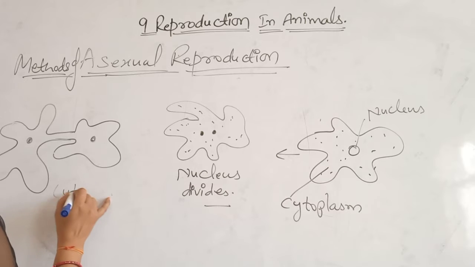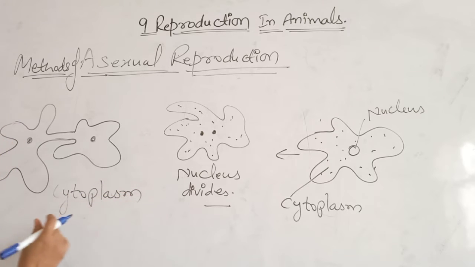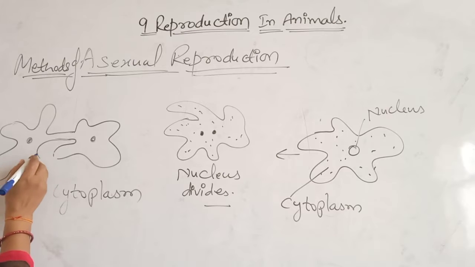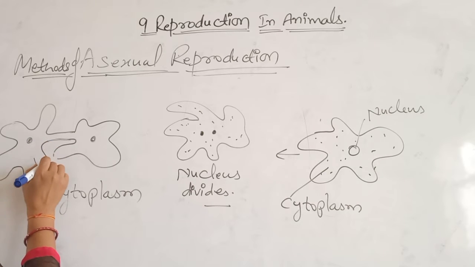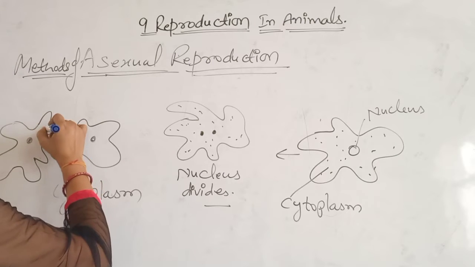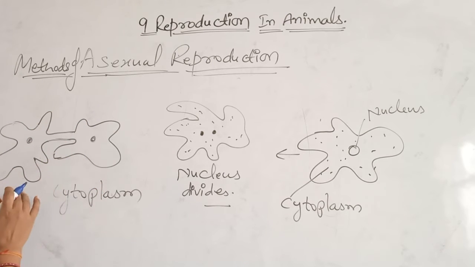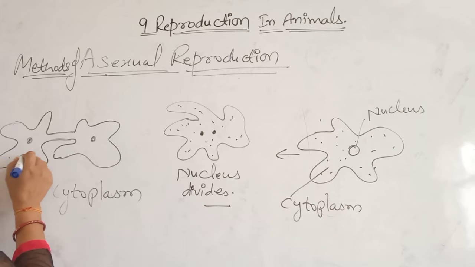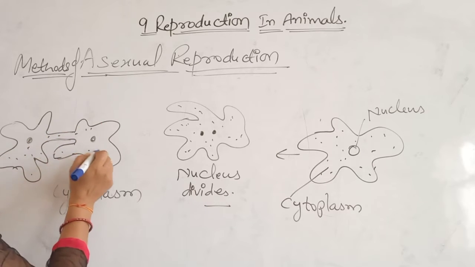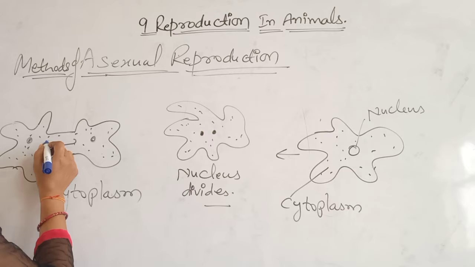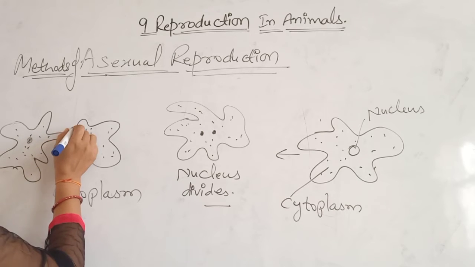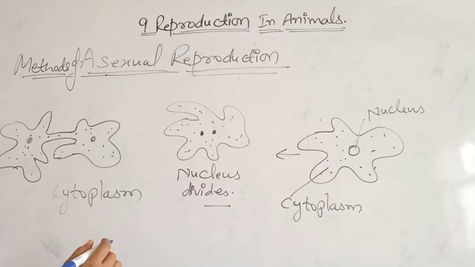So the cytoplasm, and the daughter amoebae will be the same, identical. Okay. So after that, the cytoplasm will also be divided. First the nucleus divided, after that the cytoplasm will divide. Okay. So like that division is taking place. So you can write that the cytoplasm divides.